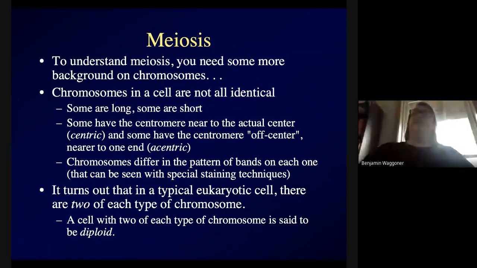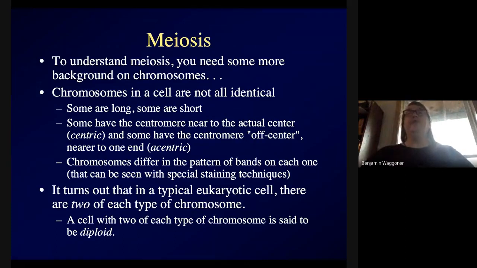And it turns out that if you take a cell that's dividing and you sort the chromosomes, and at least in the old days, you would physically do this by taking pictures and then cutting out individual chromosomes and sorting them, it turns out that in a typical eukaryotic cell, there are 2 of each type of chromosome.